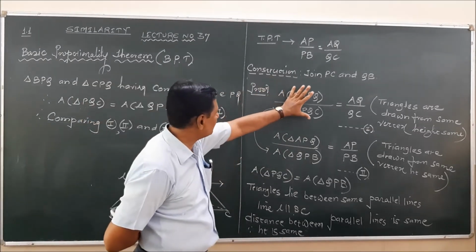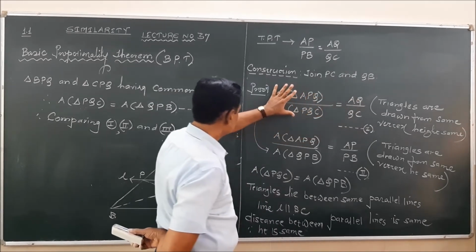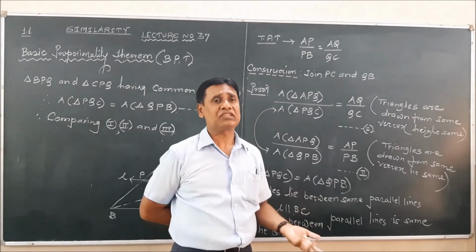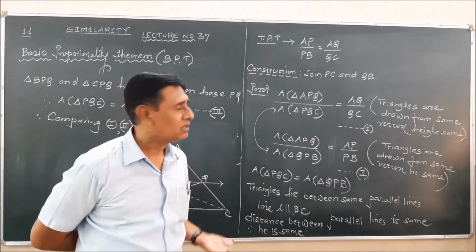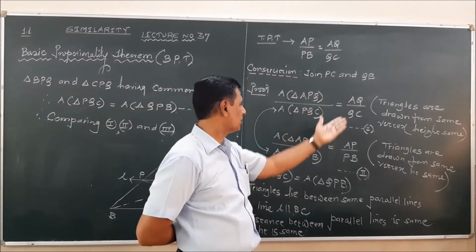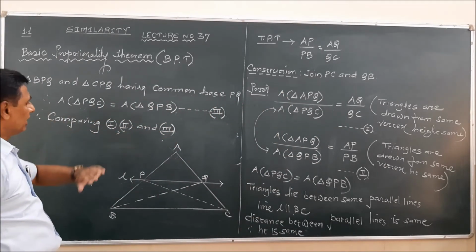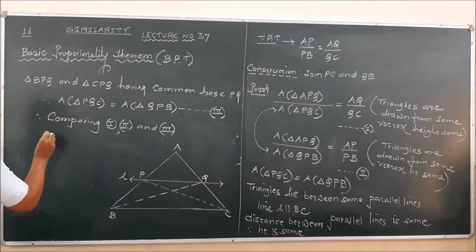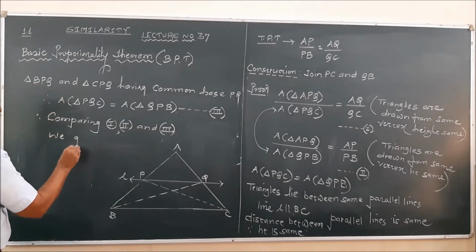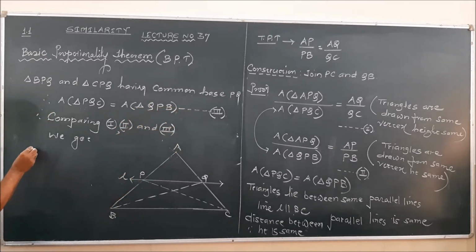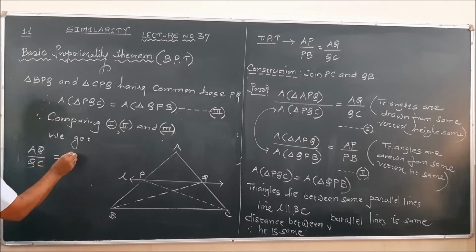So if left hand side of result 1 is same with the left hand side of result 2, naturally we can draw conclusion that right hand side of 1 is equal to right hand side of 2. So here I am writing. Comparing 1, 2 and 3, we get AQ upon QC, that is equal to AP upon PB.